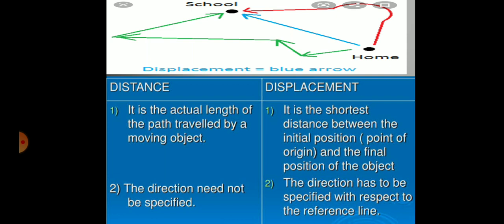Here, the direction has to be specified with respect to the reference line, and therefore distance is a scalar quantity whereas displacement is a vector quantity.